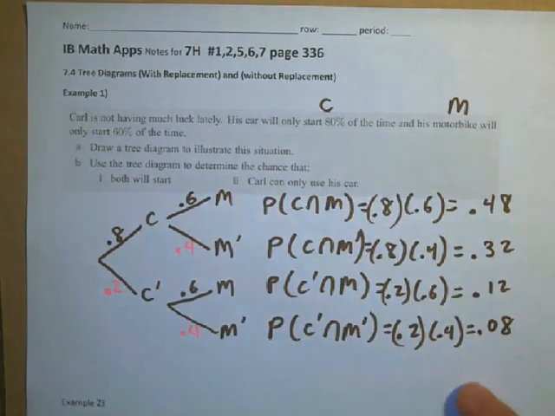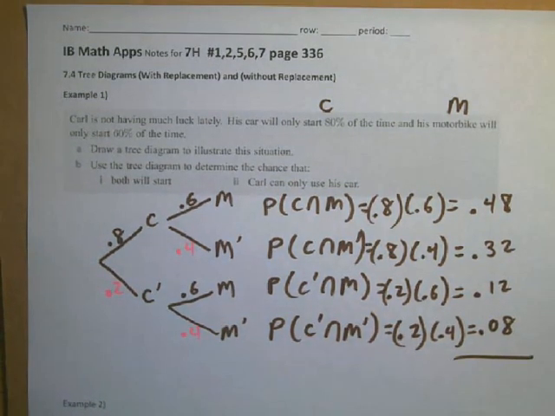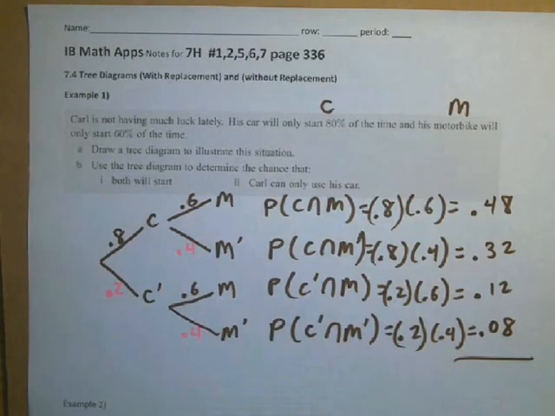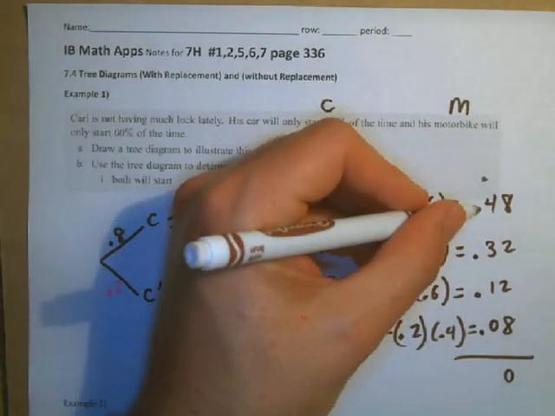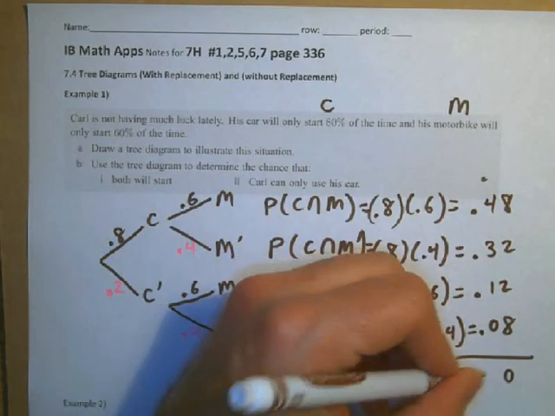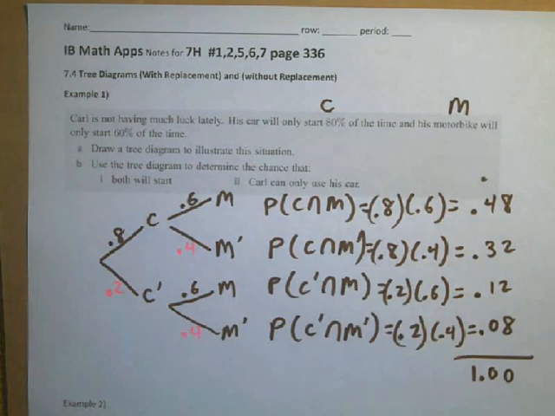Now, if we add all those together, what do we get? We get 1.0. All of these have to add up to 1.